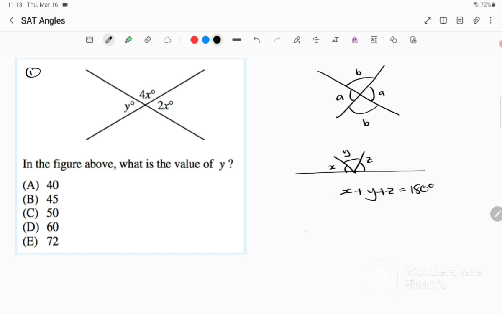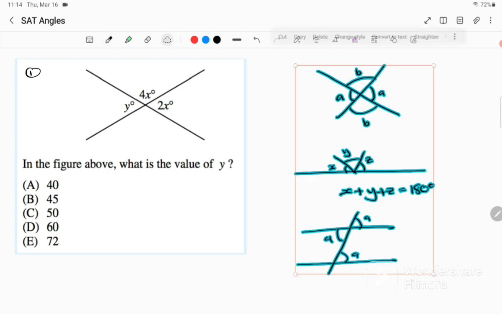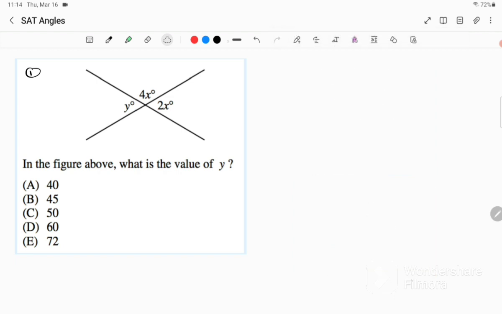And also, if you have two parallel lines and another line intersects both of them, then they have similar angles. So if this was angle A, then this would also be angle A. This would also be angle A because it is an opposite angle. Using these three concepts, we can solve all of these example questions, and these are problems that are similar to what you would find on the SAT.